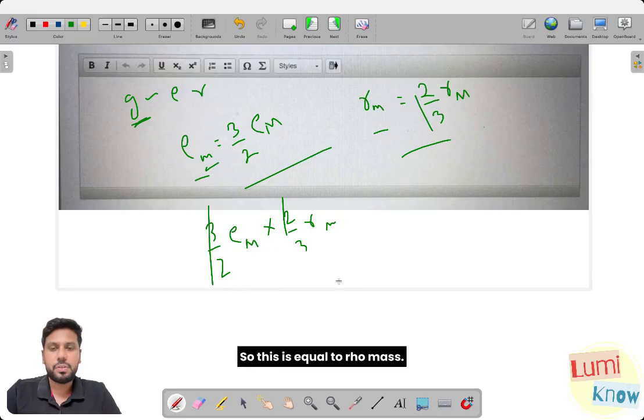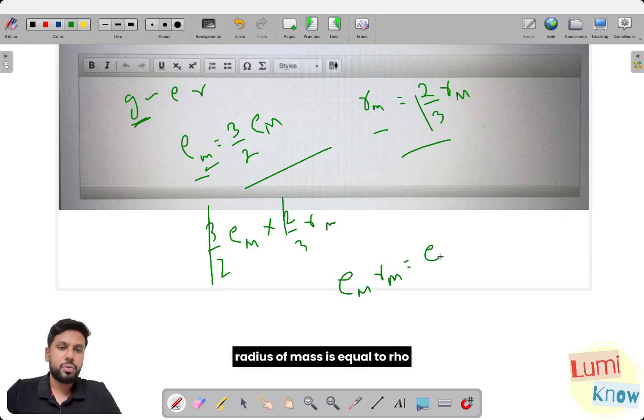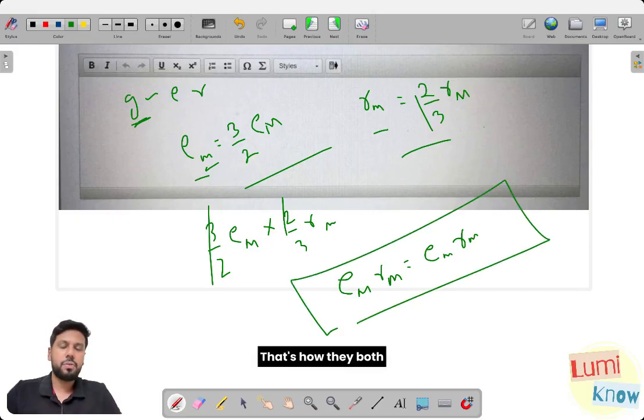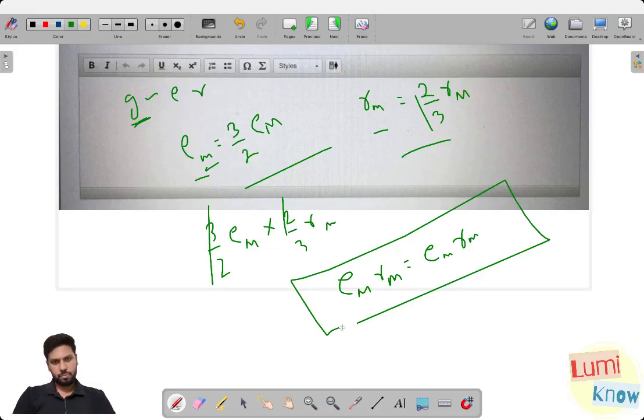So this is equal to rho of Mars into radius of Mars is equal to rho of Mercury into radius of Mercury. That's how they both have the same G value. So this is 2 marks.